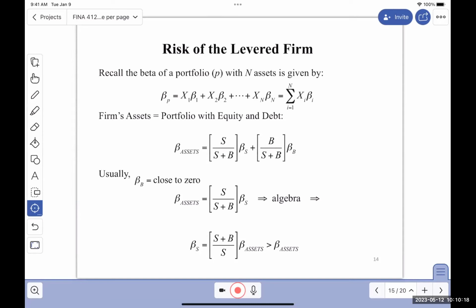It's because I just touched the iPad and then something jiggles there. I don't put the 1 minus TC here, but you should understand that this beta, the beta of debt, is the after-tax beta. What am I talking about?